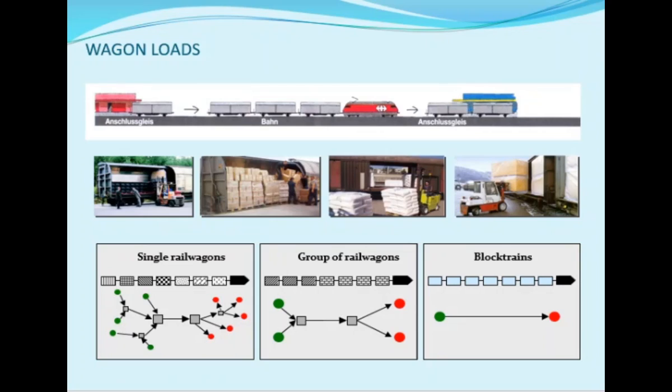Here, cargo may be coming from one point, being joined at maybe a branch, and then carried on to the main forwarding station to the destination, and then distributed to the consignees. So this explains the concept of single wagon lines, group of wagons, and block trains.